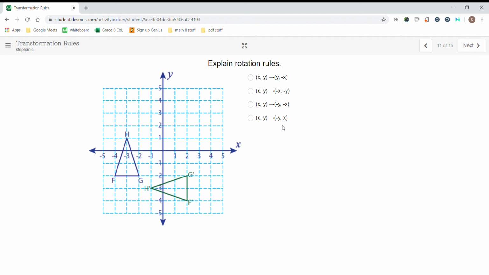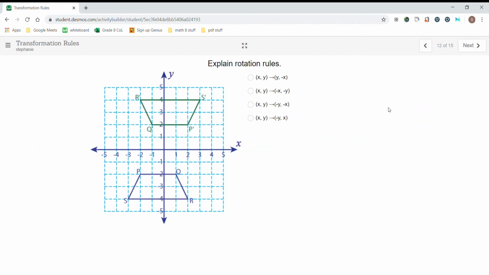So that X value stayed negative. The Y value is the one that became negative. So don't be fooled by these over here where it says negative. That means it's changed the sign. If they stayed negative because it was negative in the beginning, it's going to remain the same, and that Y changed signs.